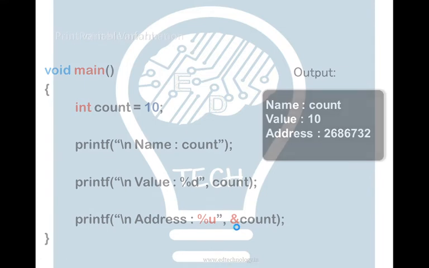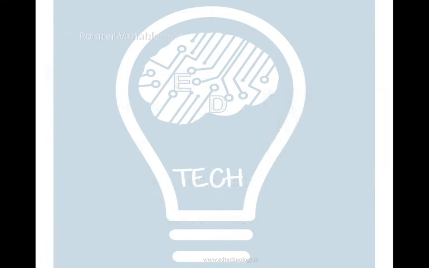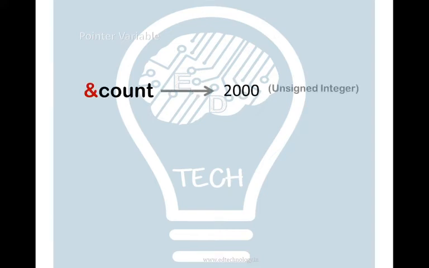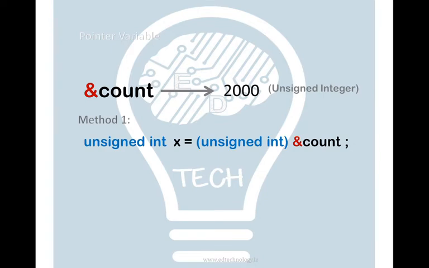Alright. So now let us understand what a pointer variable is. But before that, how do we actually write a pointer variable? Ampersand count gives us the 2000 value, which is an unsigned integer. So method 1 is we can write unsigned int x, where the value will be stored from unsigned int ampersand count.